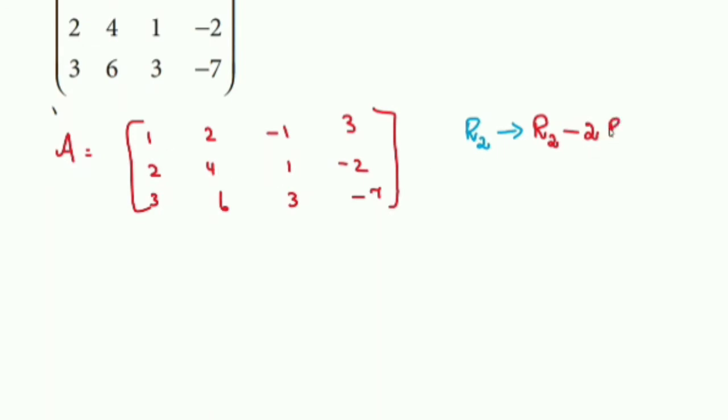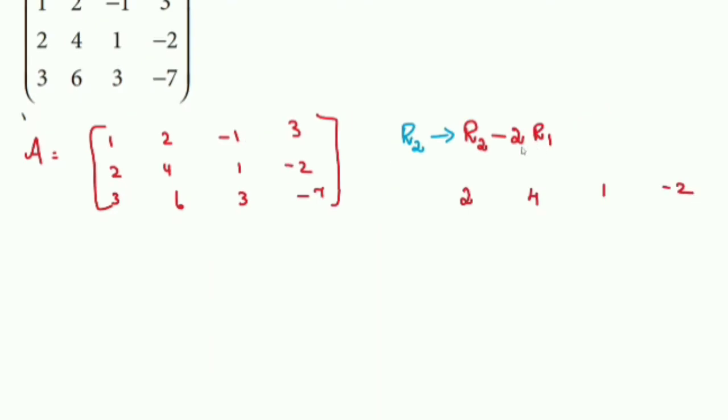This is elementary row transformation. Use row 1. R2 is R2 minus 2 times R1. The constant I have taken from here. You have to use some row, and I am using R1. So write R2 here now. What is R2? 2, 4, 1. Minus 2R1.